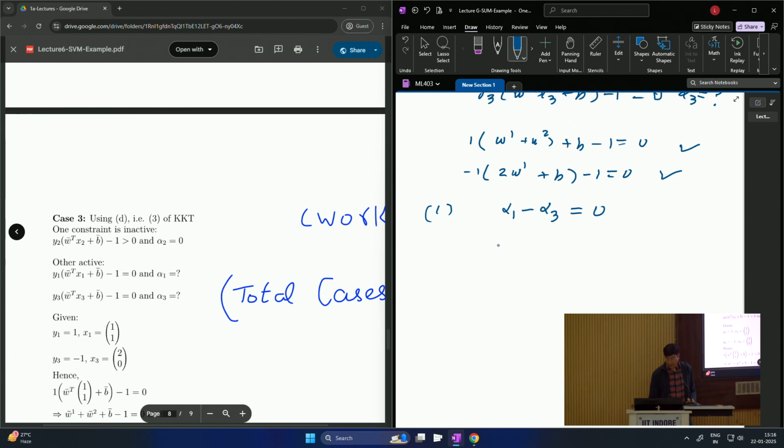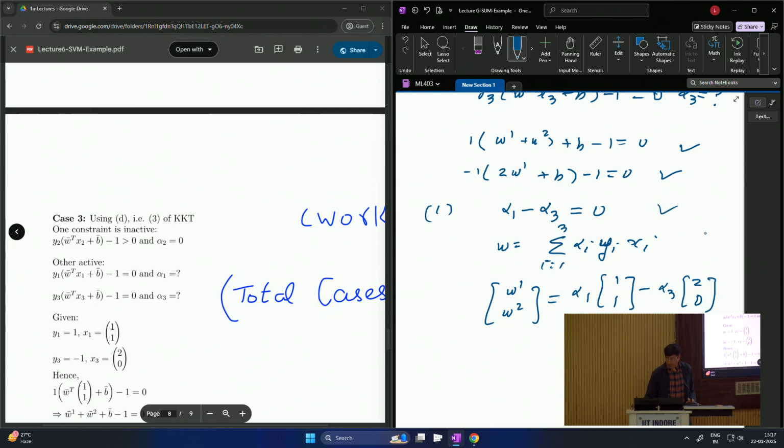And then W is equal to summation of alpha i y i x i, i going from 1 to 3. So again, W1, W2 is alpha 1 remains alpha 1, y i is 1, this is (1, 1) minus alpha 3 times (2, 0).